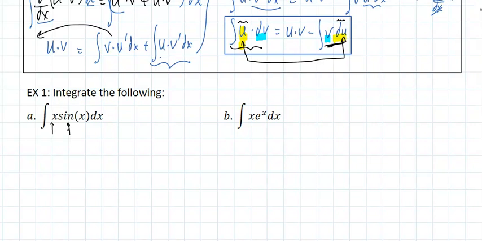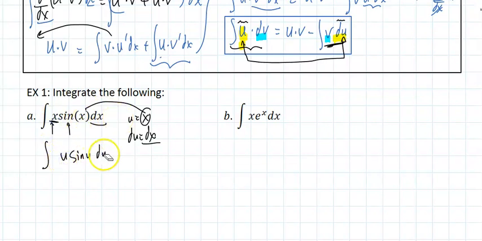Using a u sub by itself is not sufficient. It doesn't work. If I let u equal x, for example, du will be dx. This will become the integral of the sine of u du, so all I did was change the letters from x to u, which is useless. I still don't know how to integrate this.